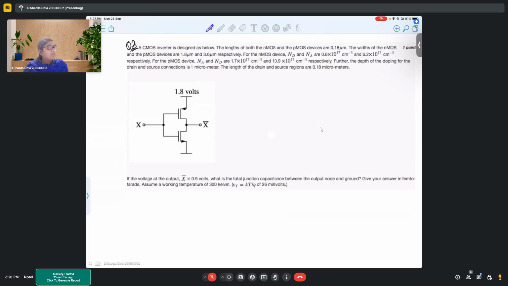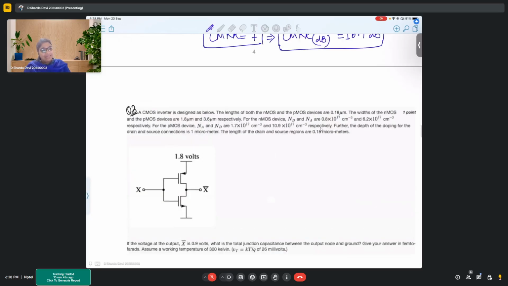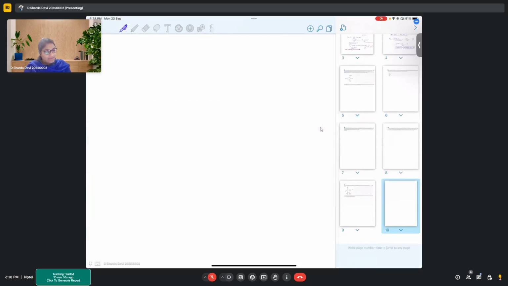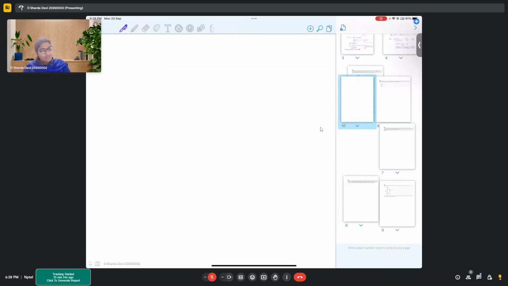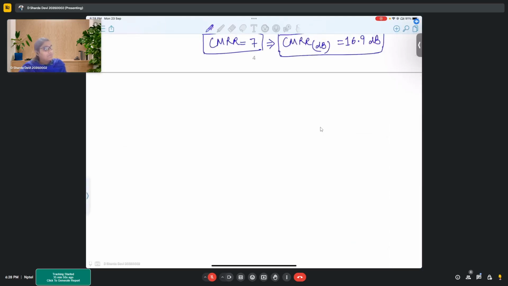So here in this problem, okay, these problems will be dealing with the capacitances. So before that, let's talk a little bit about the capacitances so that those insights can be used in this particular problem.